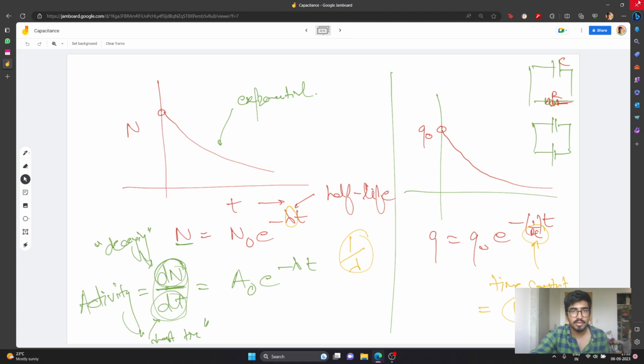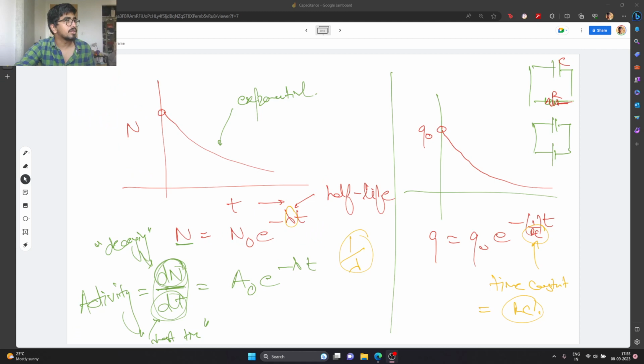I don't know if you can see, but maybe I can just show this here for the time being. So this time constant is important. It gives you a ratio, like how we used to talk about half life. We used to say that in one half life, 66% of them decay, something like that.